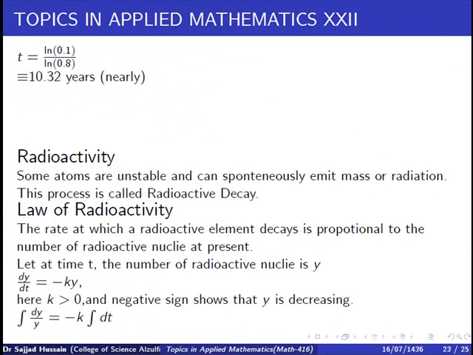Next, we also use the concept of initial value problems in radioactivity, a very important notion in nuclear physics. As you know, some atoms are unstable and can spontaneously emit mass or radiation.